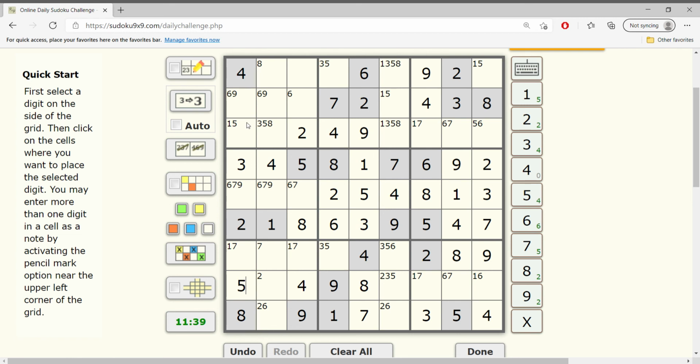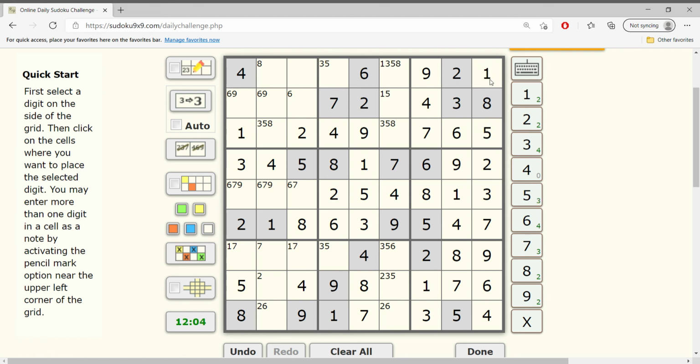So this actually is 1. So now we know this cannot be 1. This actually has to be 7, right? This is 1. Okay, this is 6. This is 7. This is 6. This is 5.